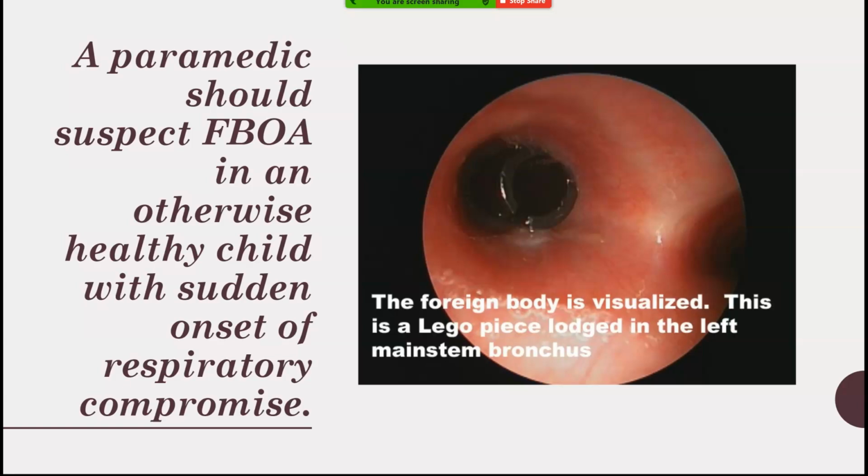Speaking of, there's a Lego piece. Okay? You have a kid who all of a sudden, and this is almost always on the REMAC exam, you have a child who mom calls 911 saying that all of a sudden the baby started having a hard time breathing. You notice a number of small toys in the living room. What is your first differential diagnosis?